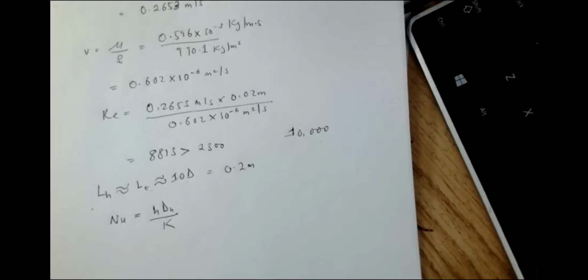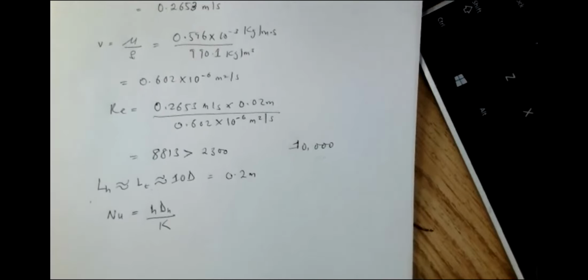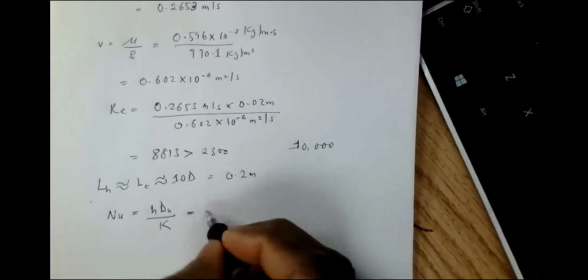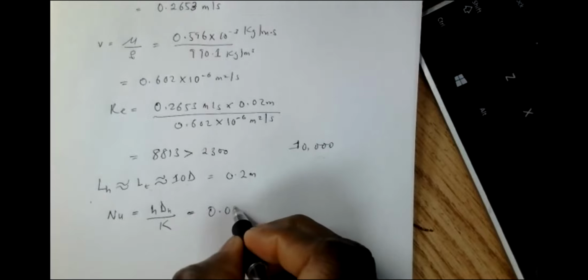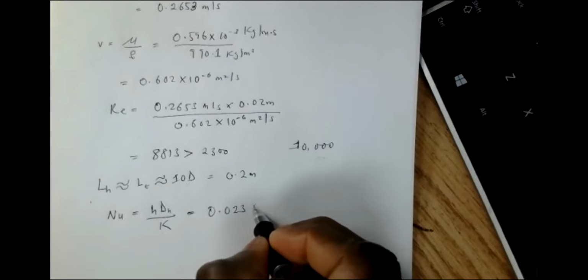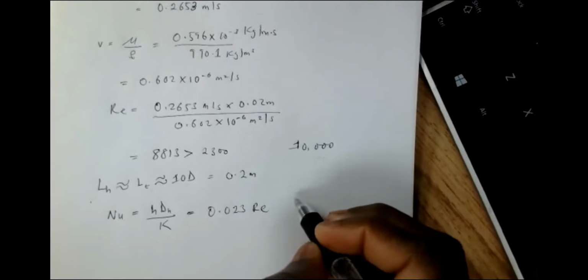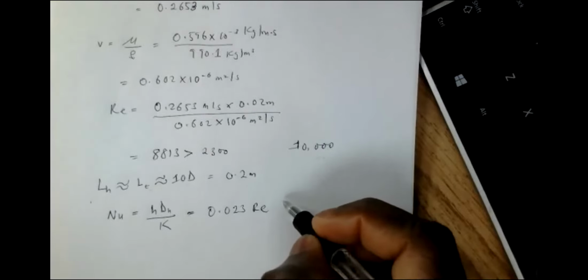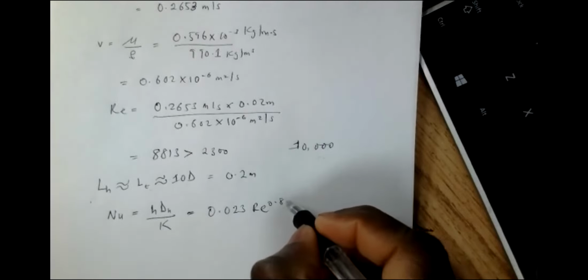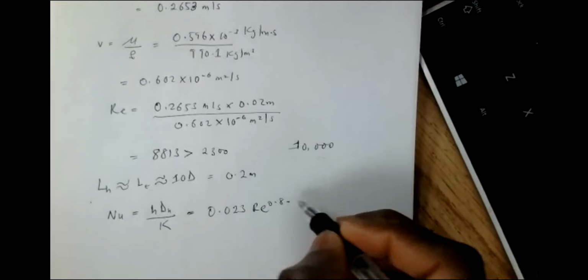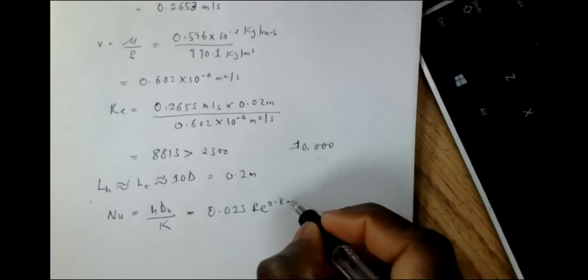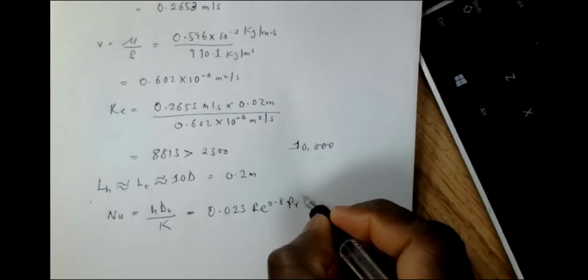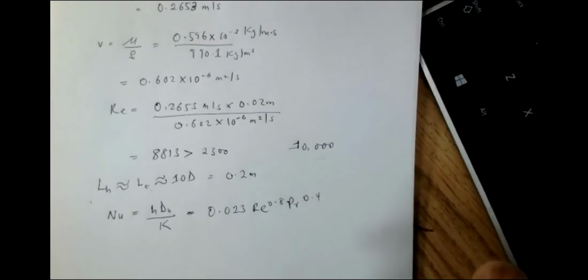I hope this makes sense so far. Okay. So from your textbook, this is equivalent to 0.023 Reynolds number raised to power 0.8. And then we'll multiply this by the Prandtl number, which is 0.4.